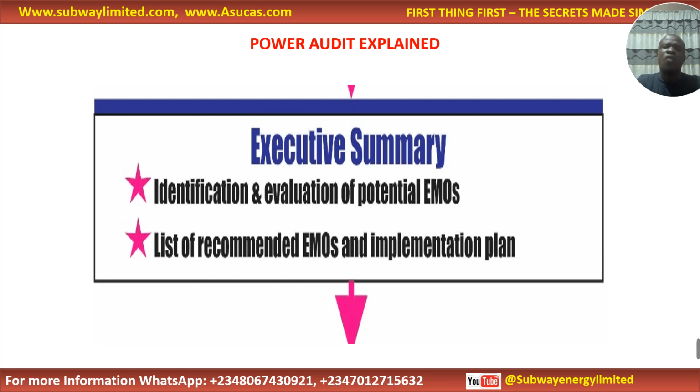Then the list of recommended EMOs and implementation plan. You need to tell him, sir, this load, you will be running during these hours, this other load during these hours.